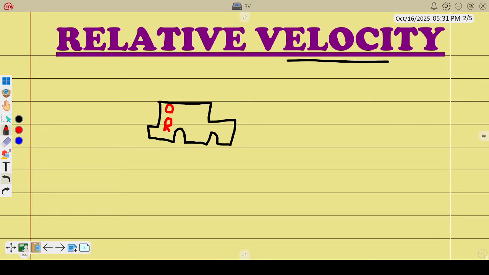You have to follow me closely here. Relative velocity usually seems to be a challenge for a number of people because of these concepts. So we'll understand it together.